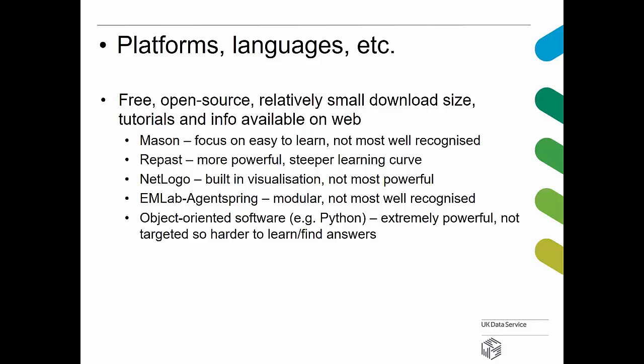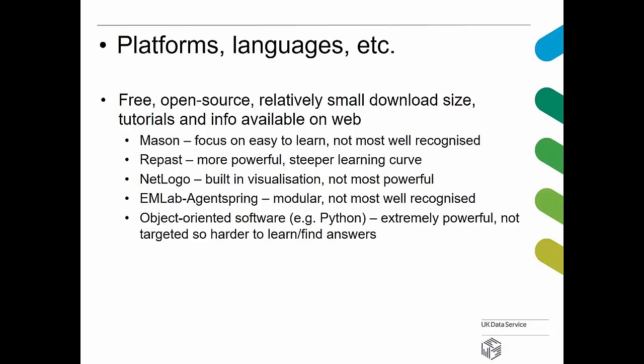NetLogo, which I've shown you today, is very middle of the road in terms of power, but because it has the built-in visualization, it is very useful. It is also sort of an English-ish coding language, so it's fairly easy to learn. EMLab Agent Spring is a great one that's built by some former colleagues of mine.